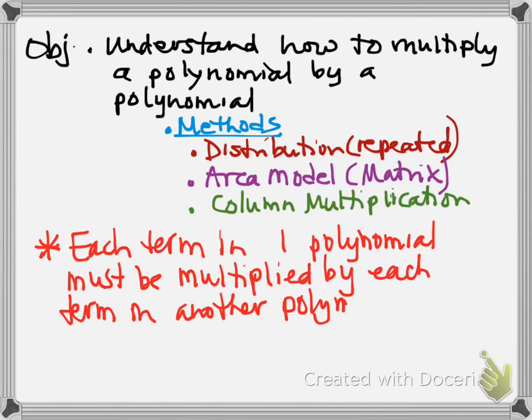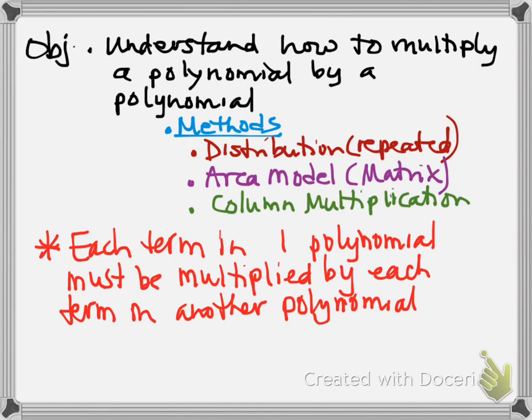That's the whole gist. Since we can get to quite a few terms, these 3 strategies are going to help us stay organized and make sure that everything gets multiplied by everything. Okay? So that's the whole gist. That's what you're doing. Making sure everything gets multiplied by everything. Bottom line. Okay?